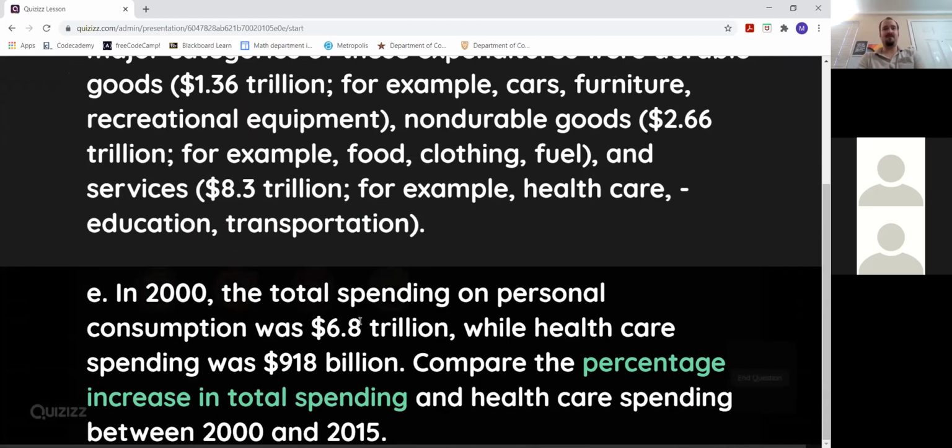So I believe 6.8 should be the reference, right? It should be 12.3 minus 6.8, divided by 6.8. I believe that is what we're doing.